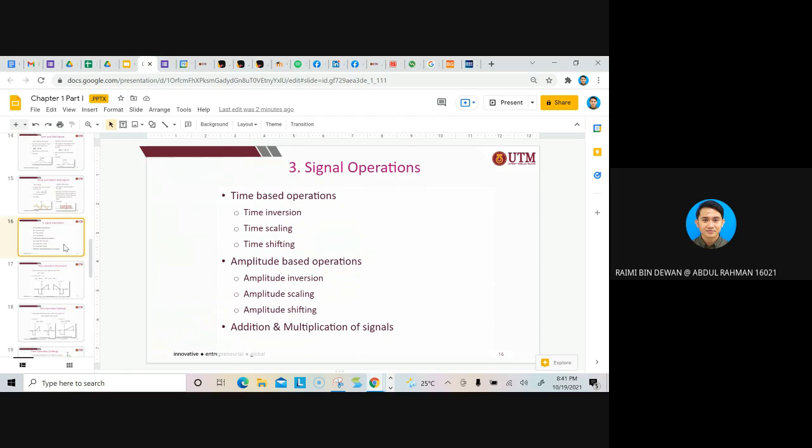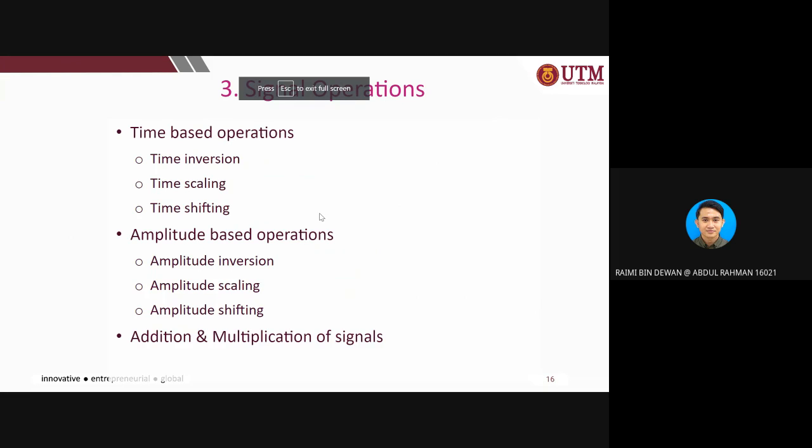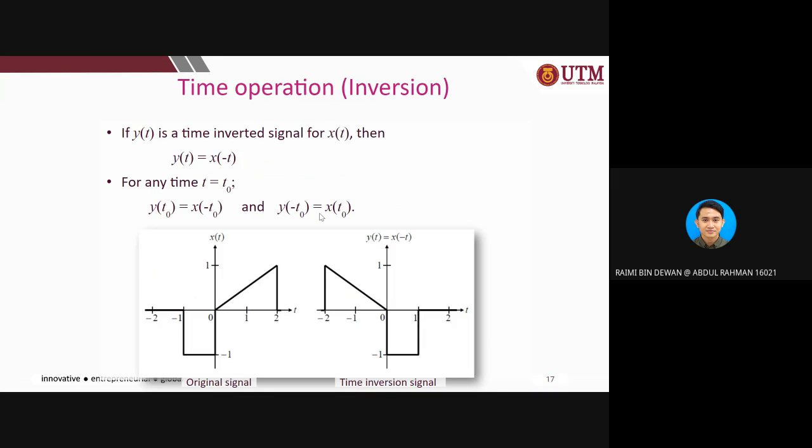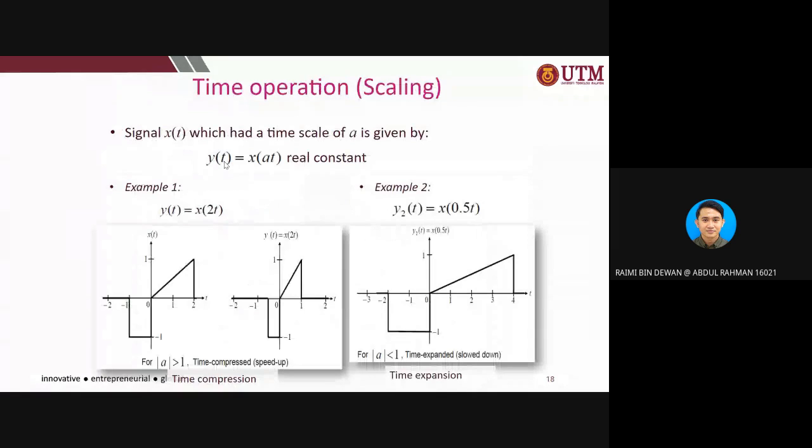Previously we learned the time operations: inversion, scaling, and shifting. If there is a negative in front of our t, then we experience a time inverted signal. However, if we have a positive, we don't have that time inversion.